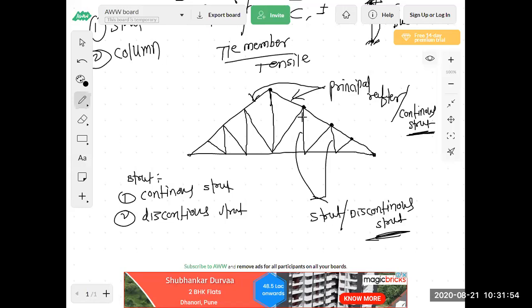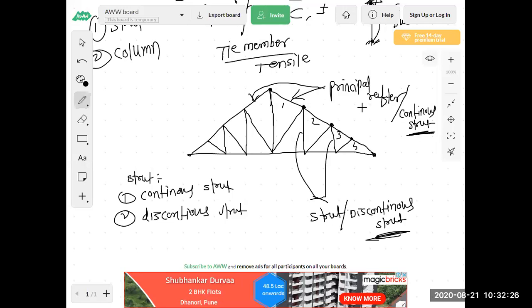These are the joints of this strut. पहिल्या joint वरून हा continue झाला इथे आला third, fourth म्हणजे this is one member but continuous from the first joint to the second, second to the third, third to the fourth and fifth, like this. So why are we calling it a continuous strut? Because this is the continuous member from one joint to another joint. So we call it a continuous strut, or we can call it a principal rafter.